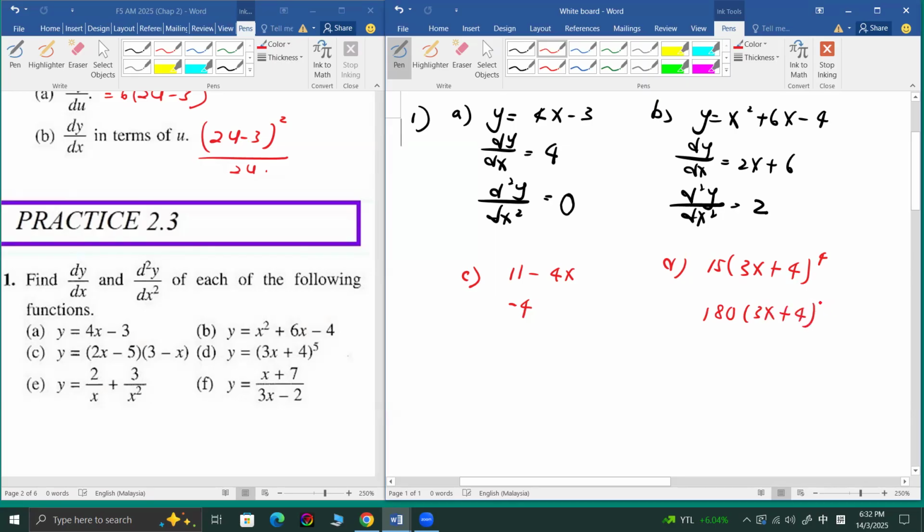after you get dy/dx, you differentiate again. Okay, have a try at these two and see. Done, let me know.